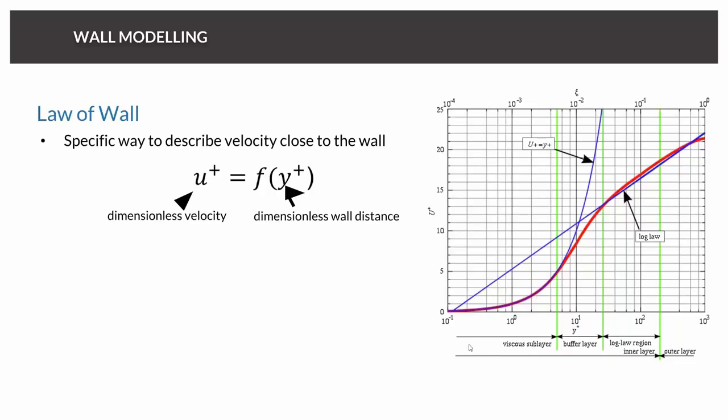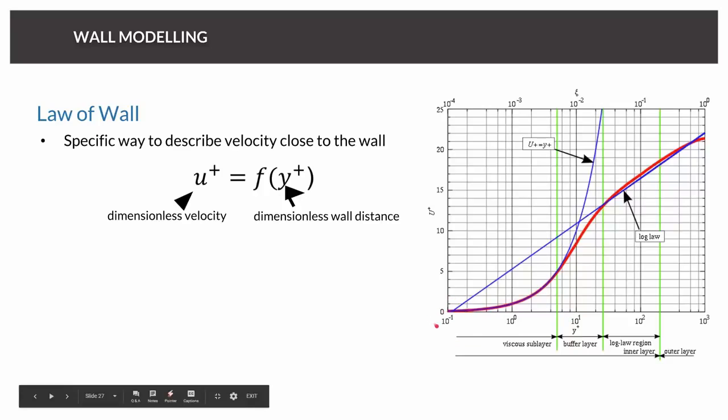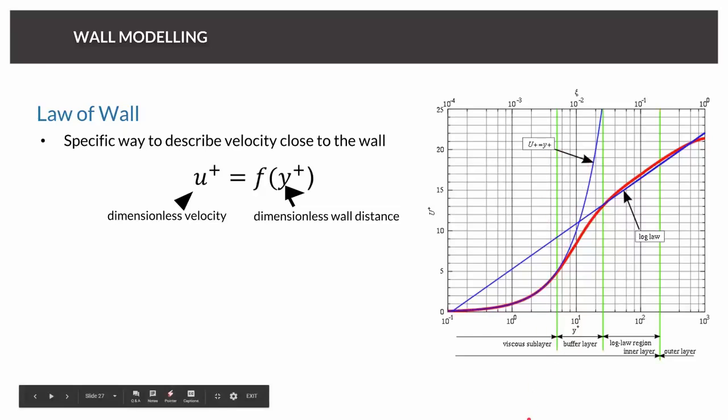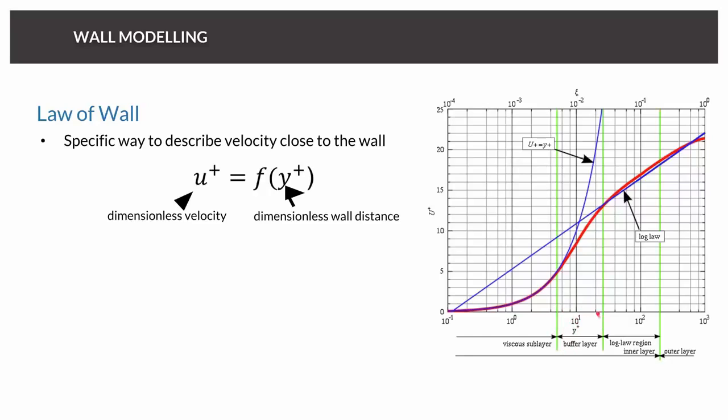We have what we call the viscous sublayer, and it's defined from 0 up to a y plus value of around 3.5. Then we have the buffer layer, which is from 3 to 10, 110, 120, and we have the log law layer, which is going from 120 to 300.